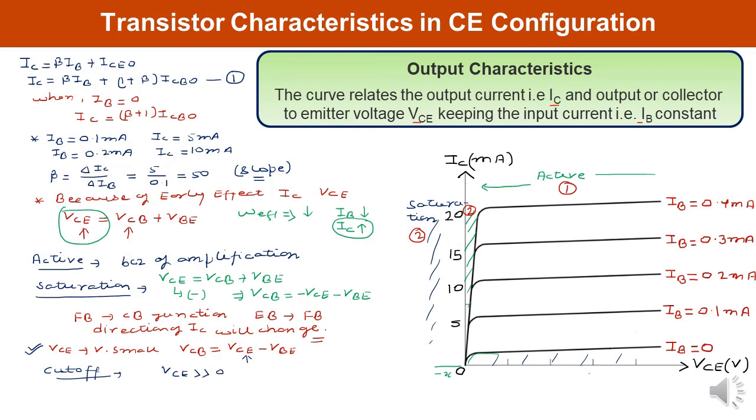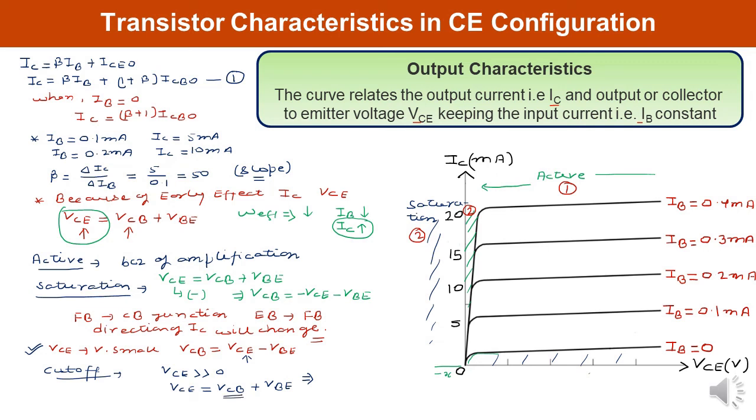At the same time, from the same equation, VCE is VCB plus VBE. If you are calculating VCB, it is VCE minus VBE, and VCB makes the diode reverse bias.